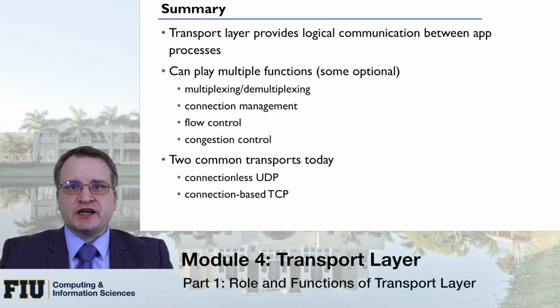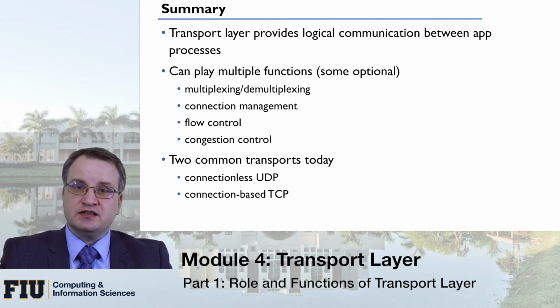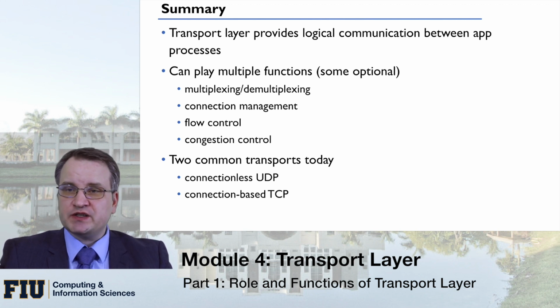Okay, so I hope I gave you a reasonable summary of the transport layer protocols. Again, the transport layer simply provides the logical channel between applications, and to do so it has to have some form of identification. Depending on the protocol, there are different types of identification. For UDP it's just 2 pieces of information, IP address and port.